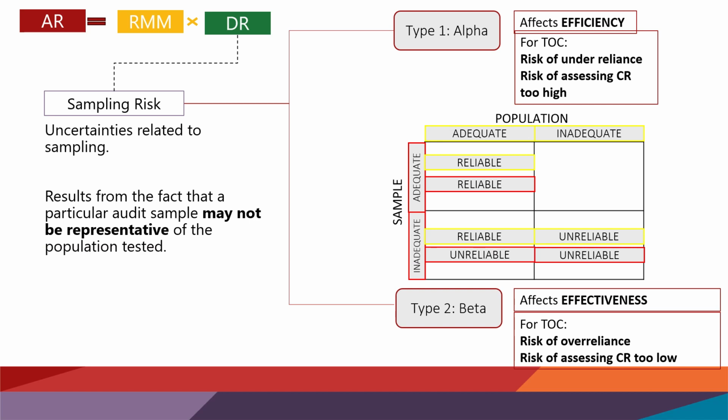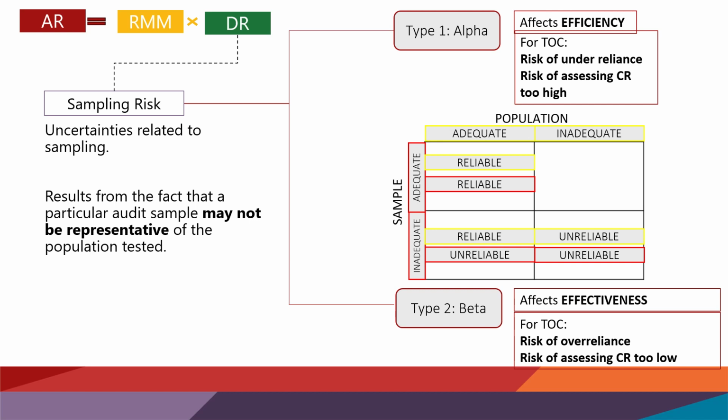So the sample does not look like the population. And remember, we make our decision based on the sample. So in this case, our decision would be to say that controls are not reliable, when in truth, they are reliable. So what did we do? We did not rely on the reliable.